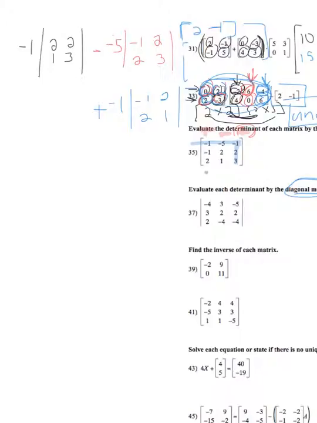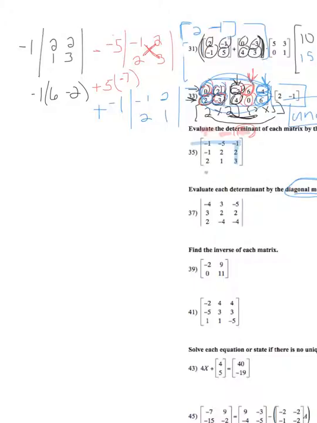So the black part, let's take a look at the black one up here. So remember how to do these determinants. It's these two minus these two, so 6 minus 2. So up here, I've got -1 times 6 minus 2. Okay. The red part, minus makes plus 5 times -3 minus 4, so -7.